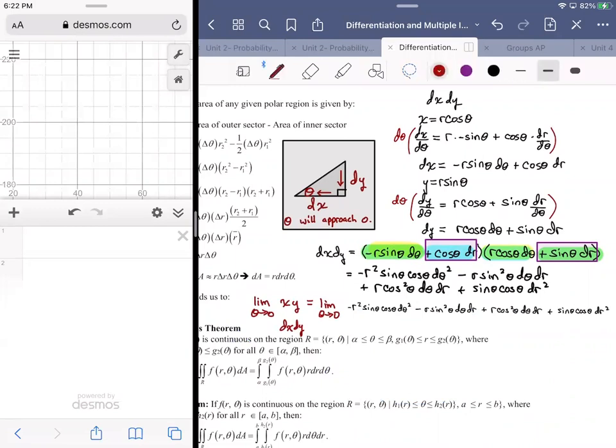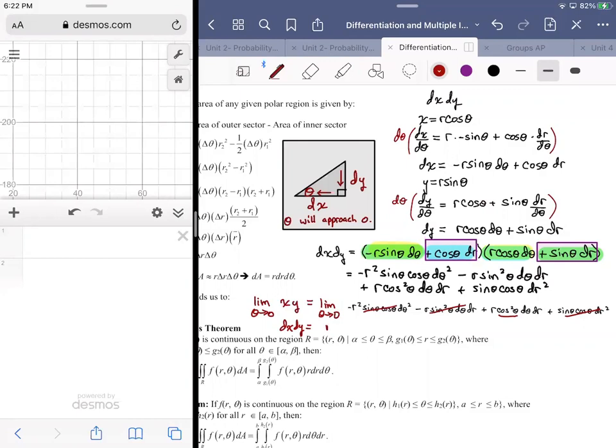So everywhere there's a theta, I pop in a 0. In some cases, it just zeroes the whole thing out, which is great. That happens for the first term, the second term, and the last term. Anywhere there's a sine, it zeroes out. So all I'm left with is r times the cosine of 0, which is 1, cosine of 0 squared is 1, r dr d theta.